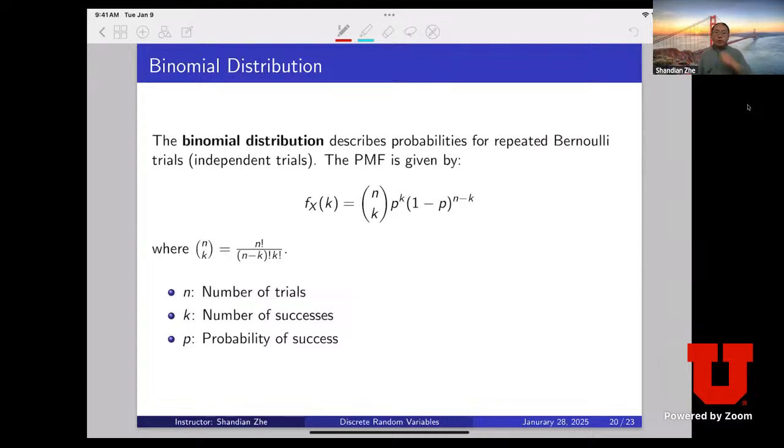Okay, so let us quickly review what we have discussed in the last lecture. In the last lecture, we spent quite a while talking about the first distribution we discussed. The first one is called Bernoulli distribution, right?